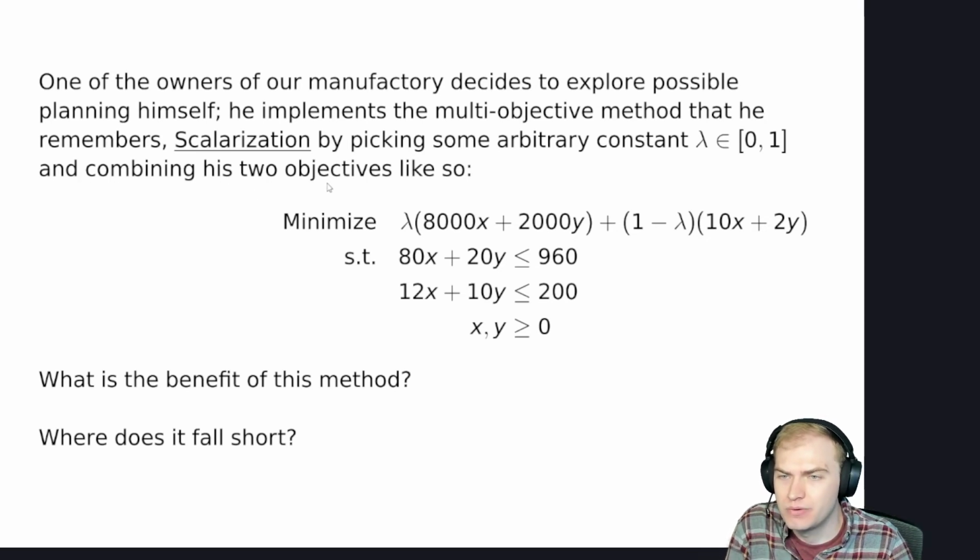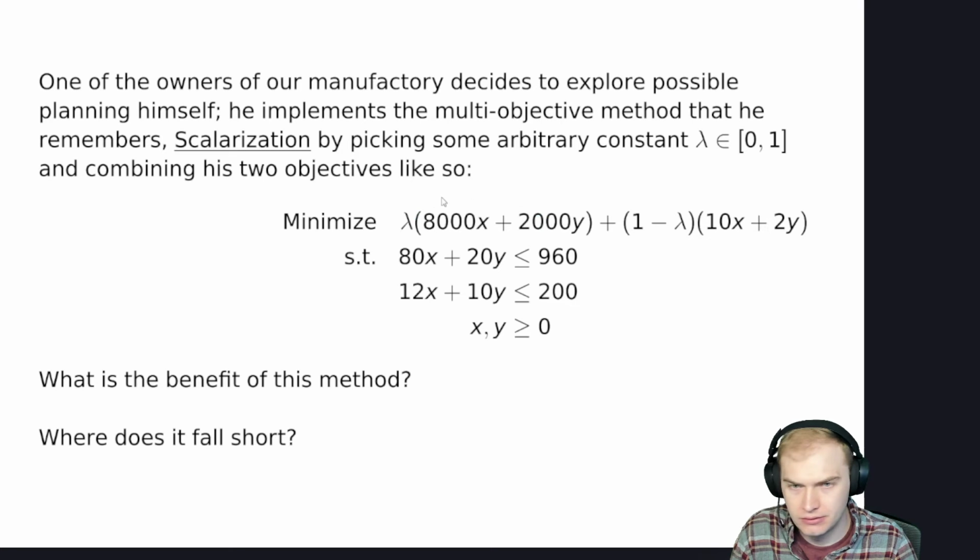So he wants to combine the two objectives by taking a convex combination of our two objectives, profit and waste. And actually, I think this should be maximize the negative of the waste.